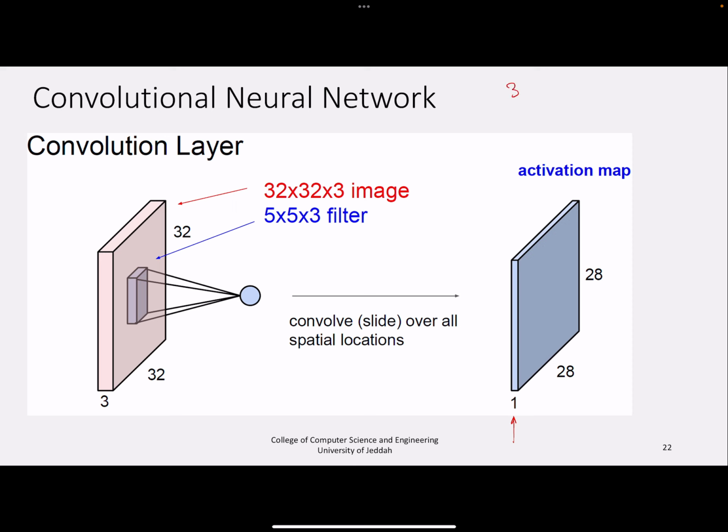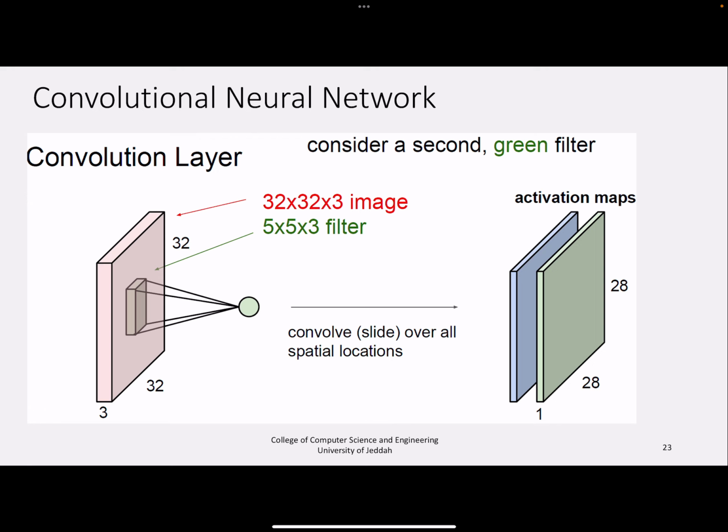Well, remember, n minus k divided by s plus 1 is the size of the output image in any dimension. Both the filter and image are square shaped. So 32 minus 5, with stride size 1, plus 1, that gets me 27 divided by 1 plus 1, or 28. So that's why the output image is 28 by 28 in size.